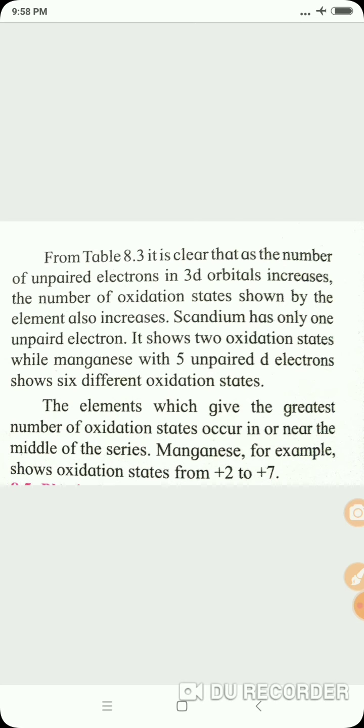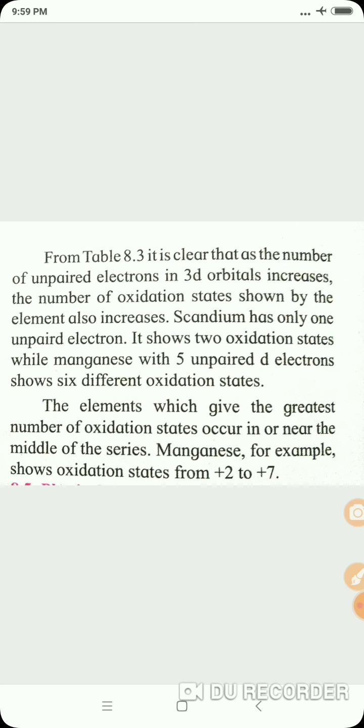It is clear that as the number of unpaired electrons in the 3d orbital increases, the number of oxidation states shown by the element also increases. So the reason is the unpaired electrons present in the 3d orbital.